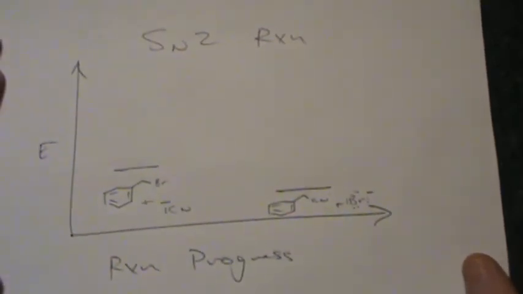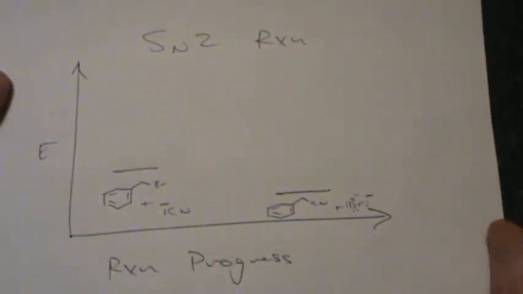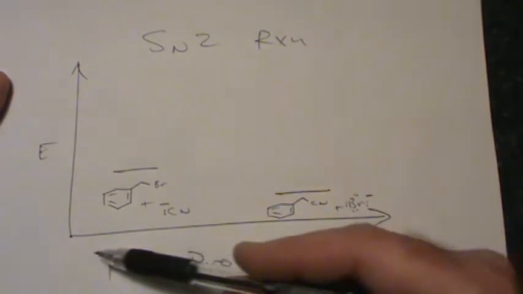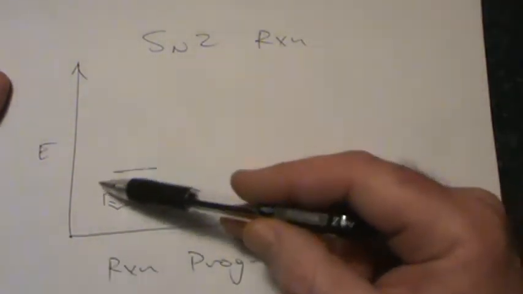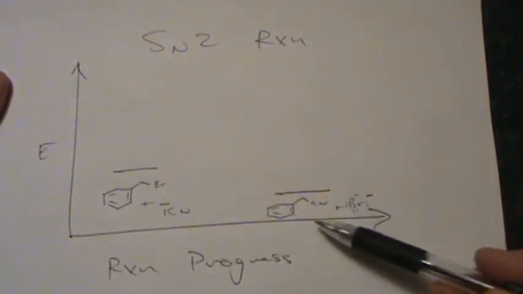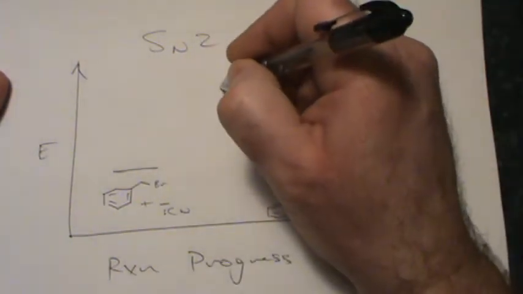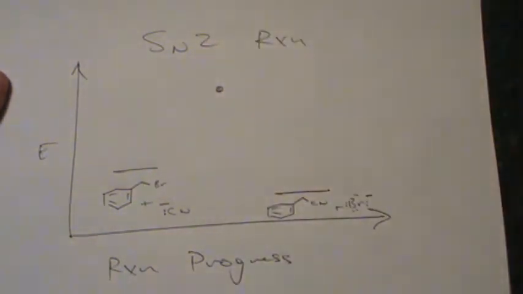Well, one thing we know is that since it's an SN2 reaction, it is a concerted process. So here I've drawn the reactants again on an energy axis as a function of reaction progress. So here are the reactants, and over here are the products. Since it's a concerted process, we know there's only going to be one transition state. No intermediates and one transition state.